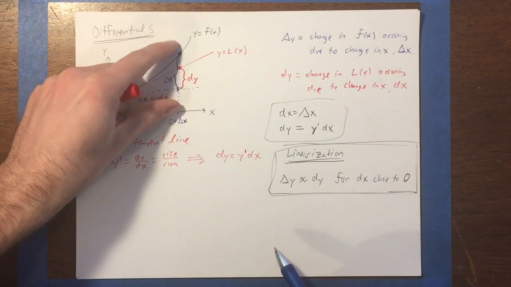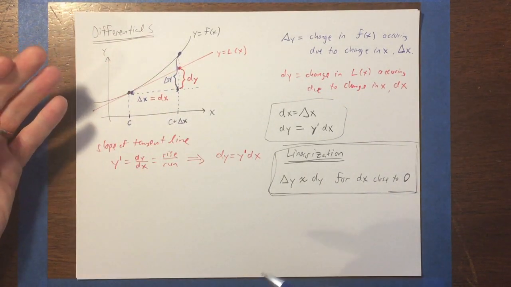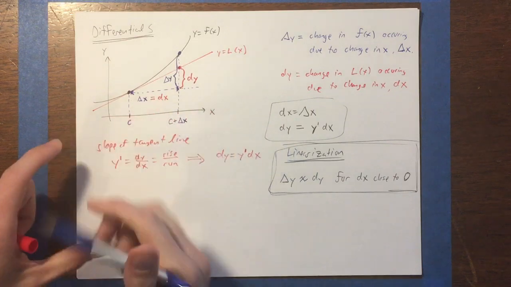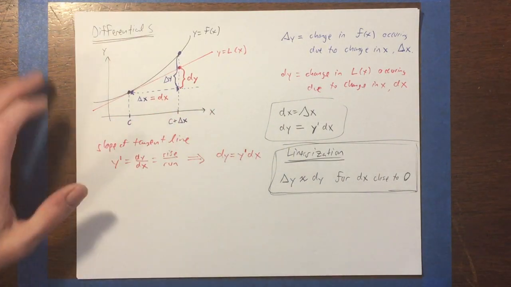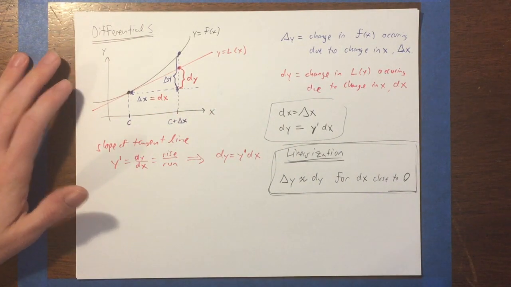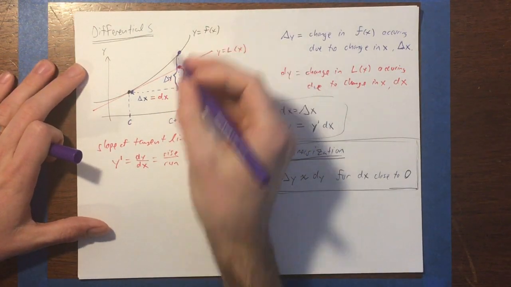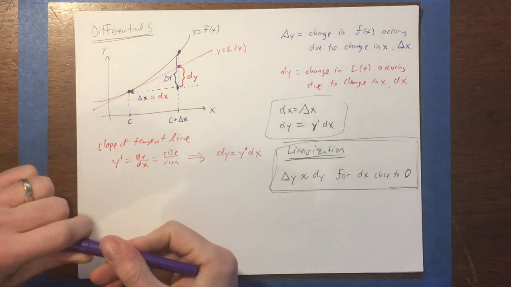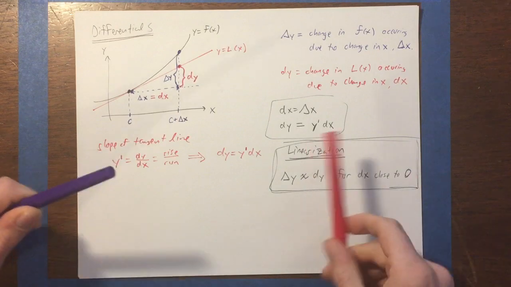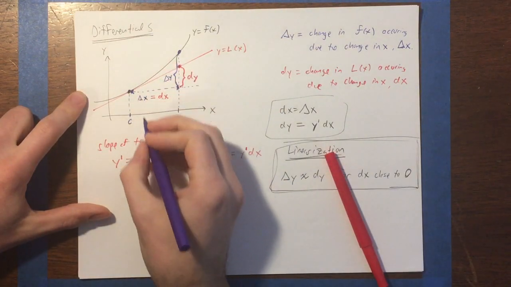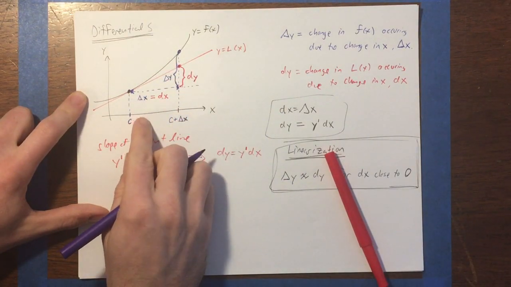The delta y and the dy are going to be approximately the same as long as you take a dx that's small. And if you look at this picture, the change in f and the change in L are going to be closer to each other if you take a point which is closer to c.